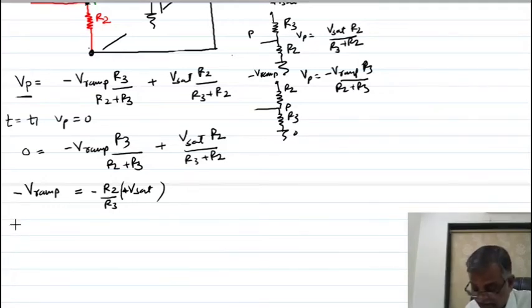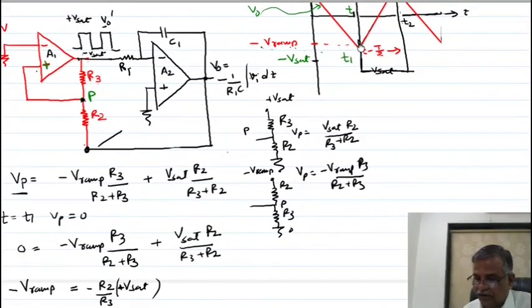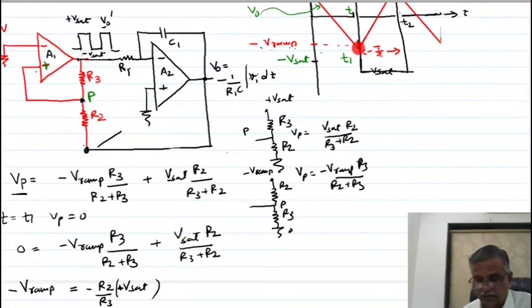Similarly, at time t2, I can write V ramp is equal to R2 by R3 into V set. See here again. At this point, my potential at point P crosses 0 and slightly becomes below 0.